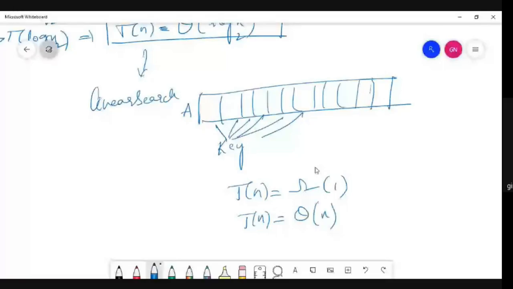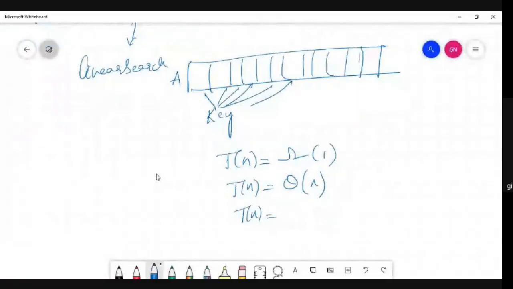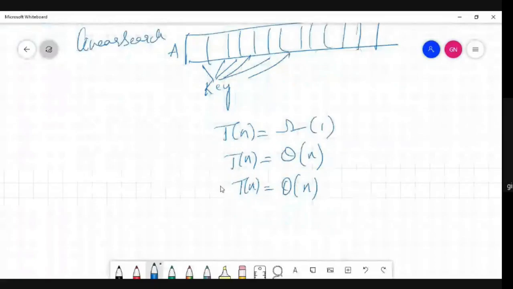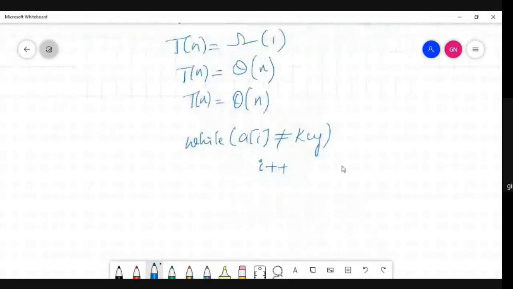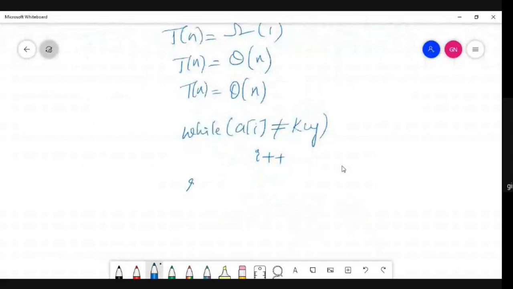So the worst case time complexity of my linear search is big O of something like this. In case of linear search, while a of i is not equal to key, I keep on incrementing the value of i. After this, I return i. If the element is not present, surely we return -1. This is what exactly a linear search is. It's a bit simple.